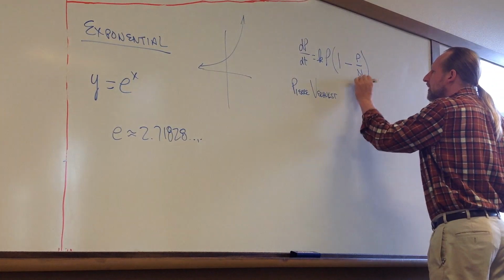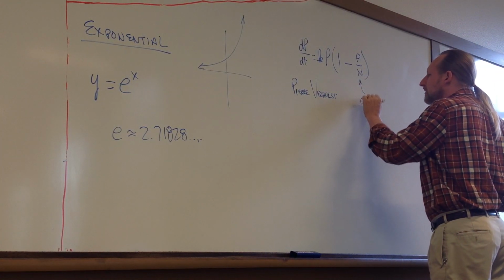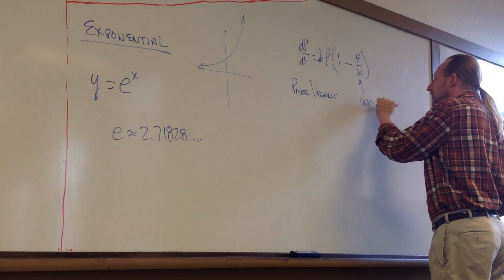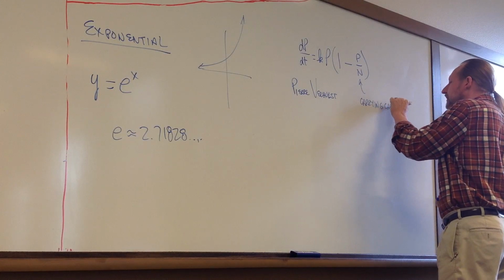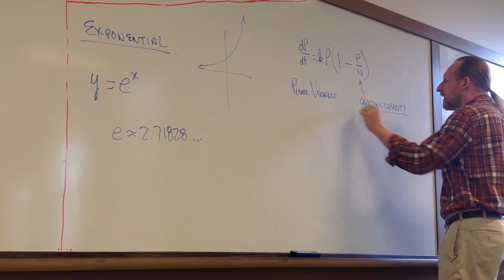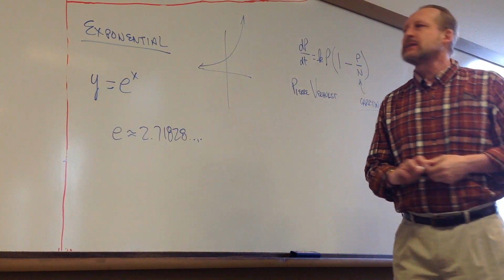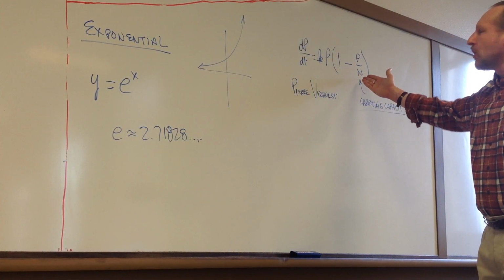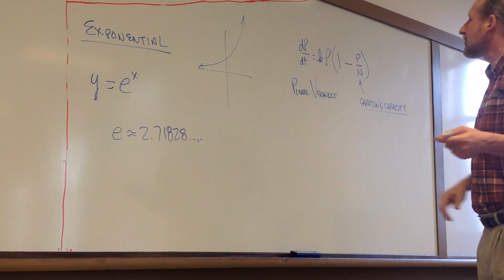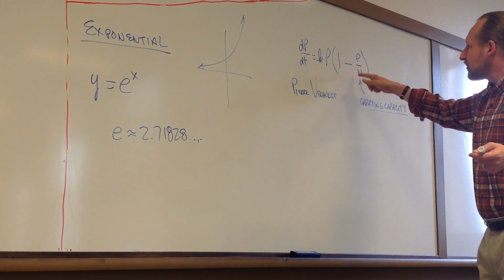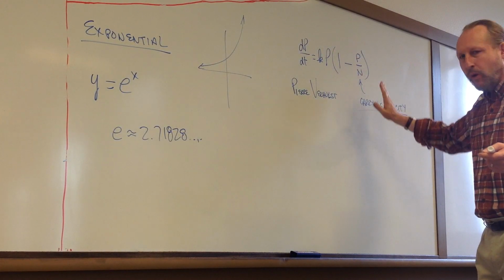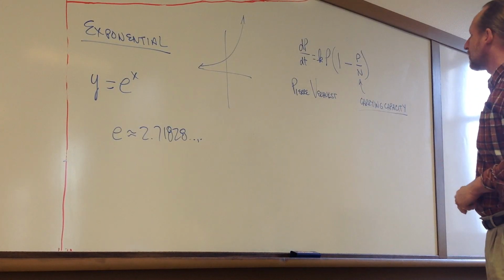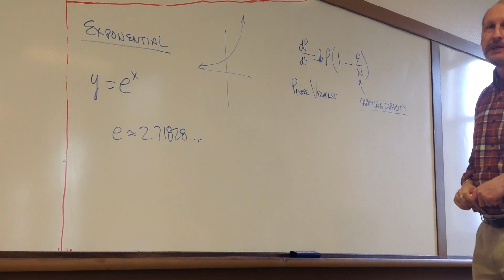The N here is some theoretical carrying capacity, which has to do with resources. Okay? So this is the maximum size of the population, or whatever it is in the application that we're concerned with. This is the maximum size of the population that can be supported by the existing resource base. And this is the population itself.